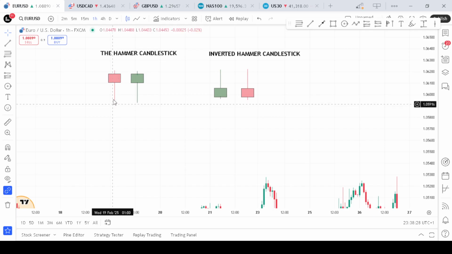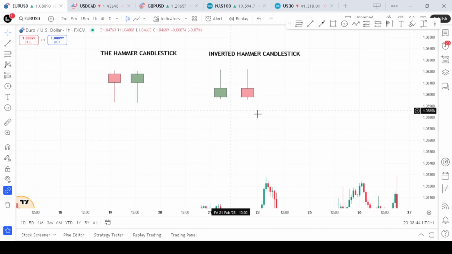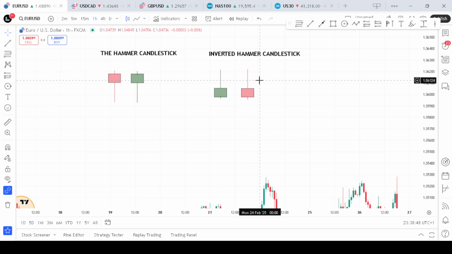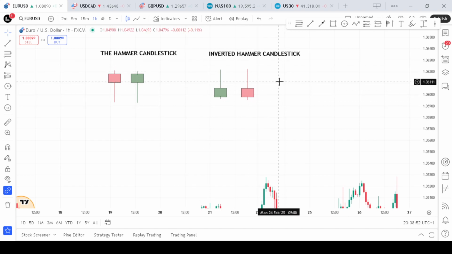It suggests that buyers are gaining strength after a period of selling. So when we spot this in a downtrend, it simply means that buyers are trying to gain strength after a series of downtrend. While the inverted hammer candlestick's market context also appears in a downtrend, it indicates that buyers' interest is starting to emerge.